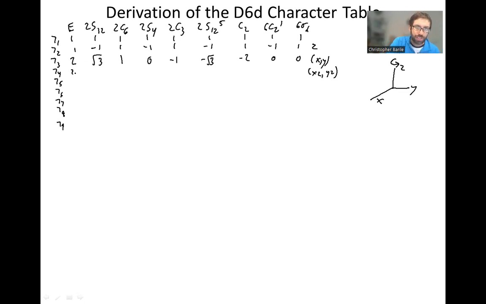And so all we do is just multiply 1 times 2, negative 1 times root 3, 1 times 1, 0 times something, negative 1 times 1, negative root 3 times negative 1, and negative 2 times 1, and 0 times something and something. And so that is an extremely fast way of figuring out what another irreducible representation is.